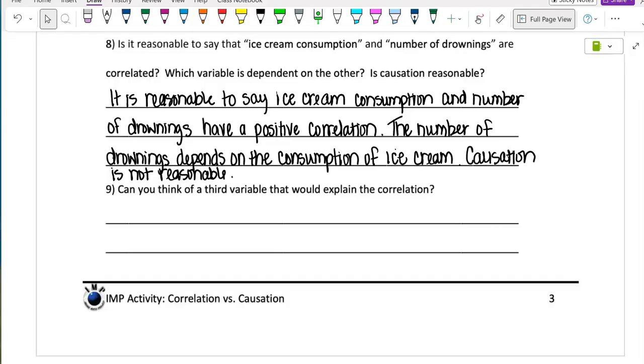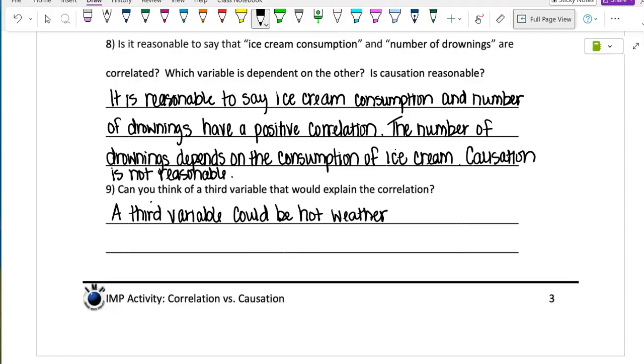So a third variable could be hot weather, which causes both to increase.